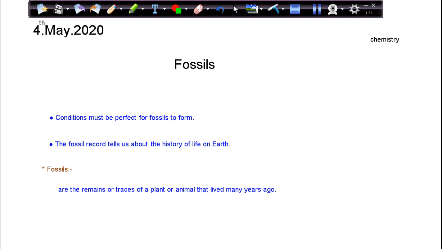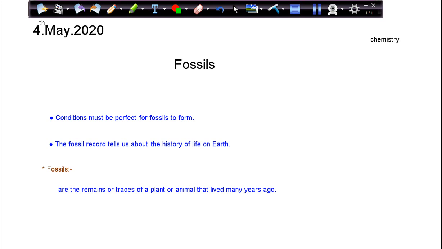By studying the fossils and the feces of the animals, we can know the environments, what they were eating, and the changing environment. And we can also discover the different times that they lived in by studying these fossils.